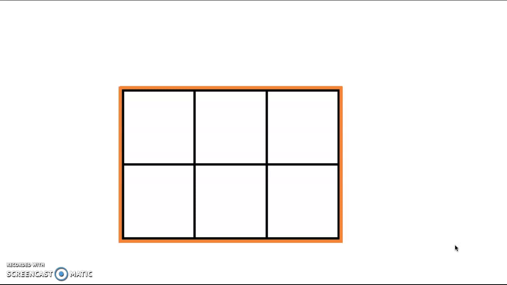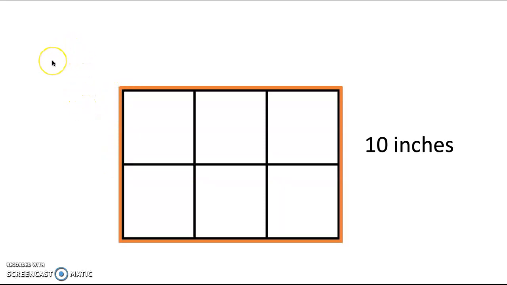So if we know that each of these squares is 1 inch, and we are measuring the perimeter, the outside of the shape, let's try to figure that out together. So 1 inch, 2 inches, 3, 4, 5, 6, 7, 8, 9, and 10 inches. That would be the perimeter.